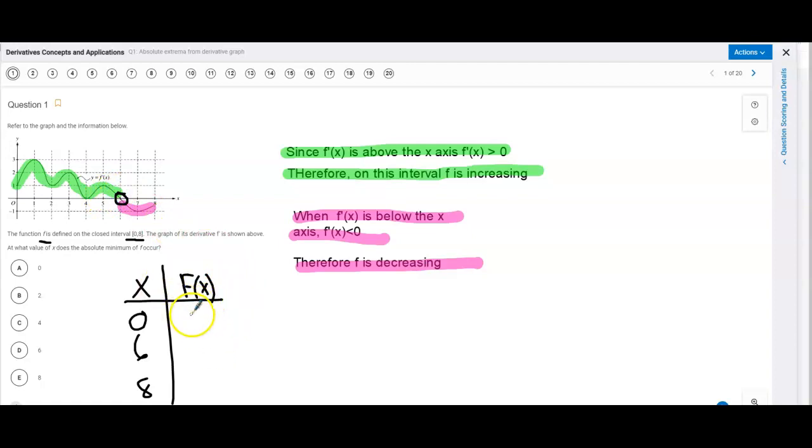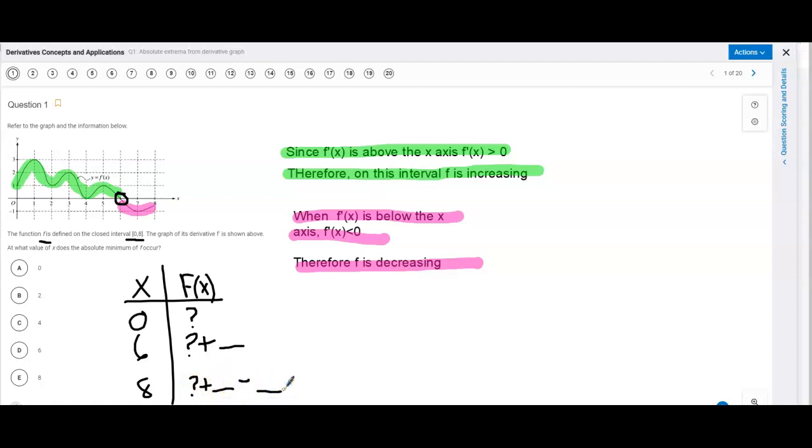But I do know that whatever f starts at, it gets bigger until we get to 6. So whatever goes here is that question mark plus more. Okay? And then after that, it starts to decrease. So whatever was up on number 6, our starting point plus more, it loses a little bit after that.